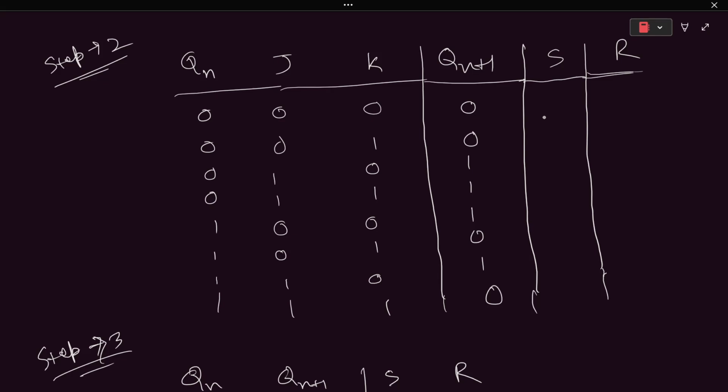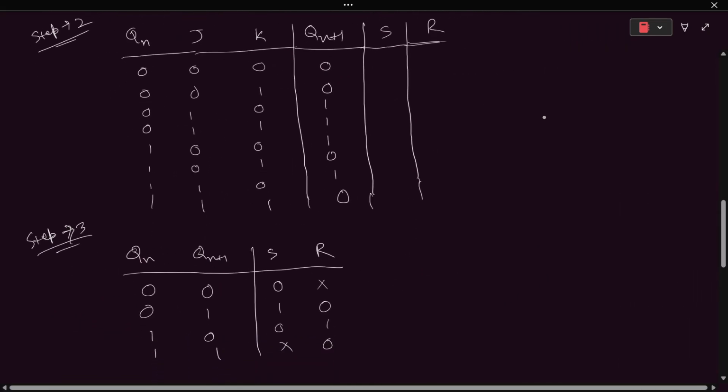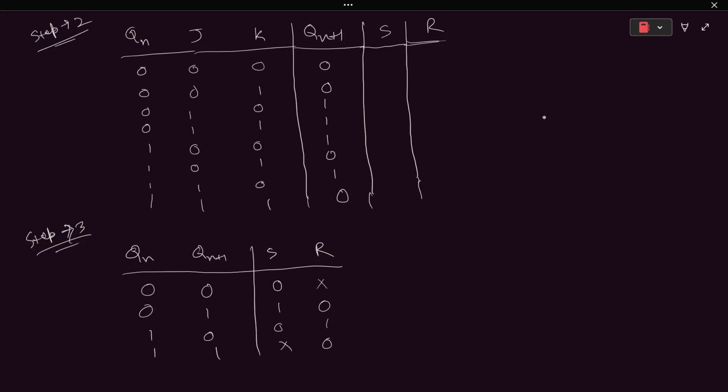So here is the example. This is only 4 combinations, this is 8 combinations. Using that, we will build the excitation table using the output, that is the present state and also the available inputs. So 0 0 is 0 cross.